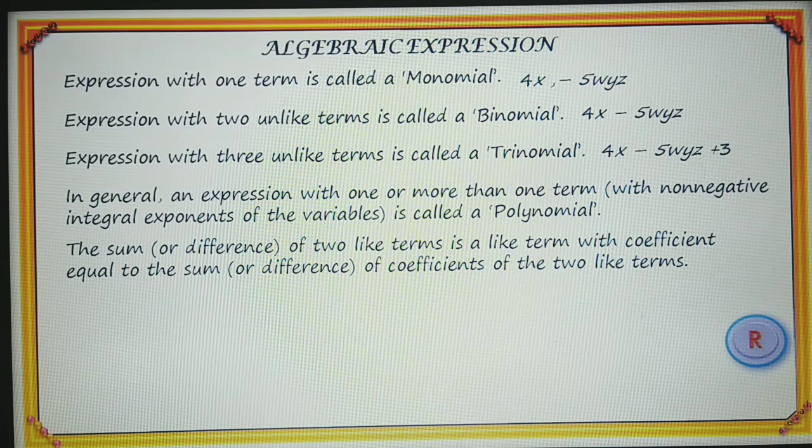The sum or difference of two like terms is a like term with coefficient equal to the sum or difference of the coefficients of the two like terms.